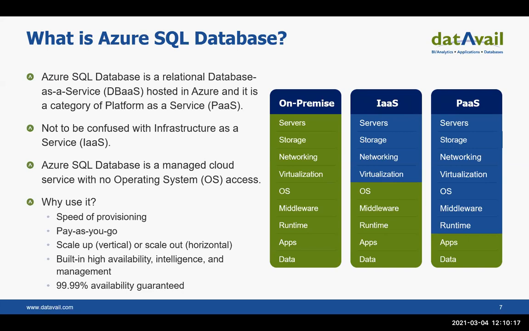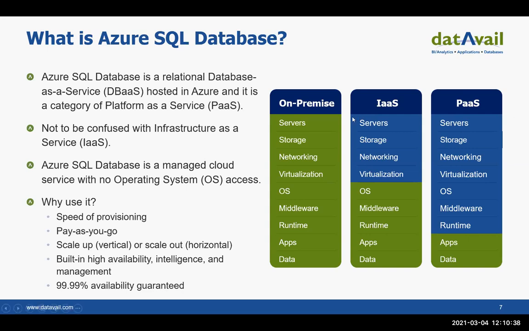Vertical scaling is increasing and upgrading resources. Scaling out, you create more instances. The next benefit is you have built-in high availability, intelligence, and management. Microsoft has the SLA of 99.99% availability guarantee.